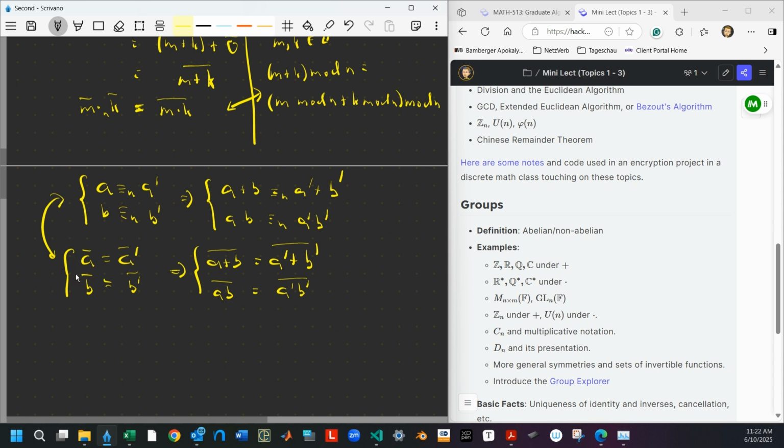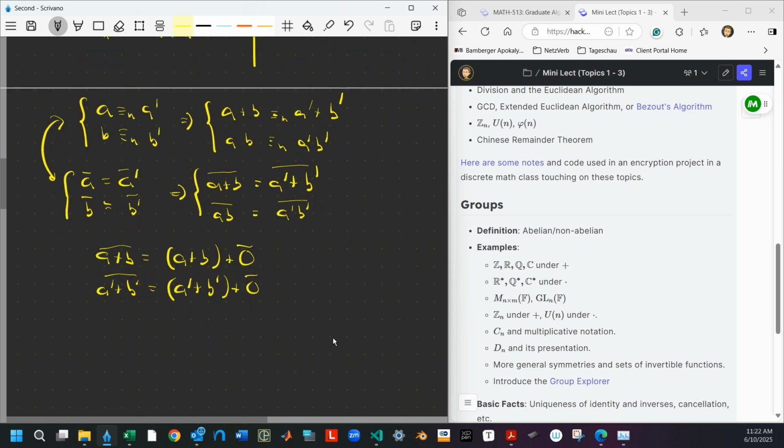And let's see. So if I had this, let me just think about this for a second. So I would have A plus B bar is equal to A plus B plus 0 bar, right? And A prime plus B prime bar is equal to A prime plus B prime plus 0 bar, right? I want to show that these are the same, right?